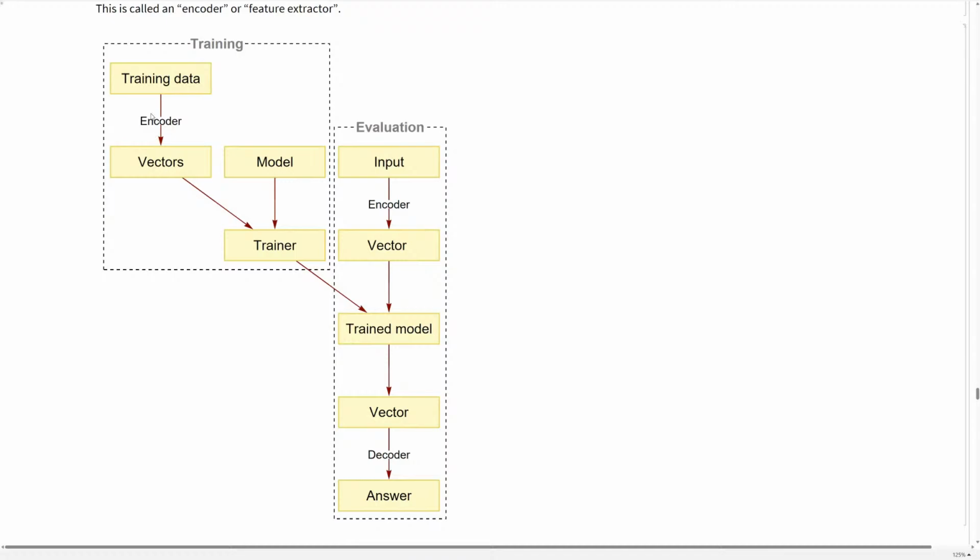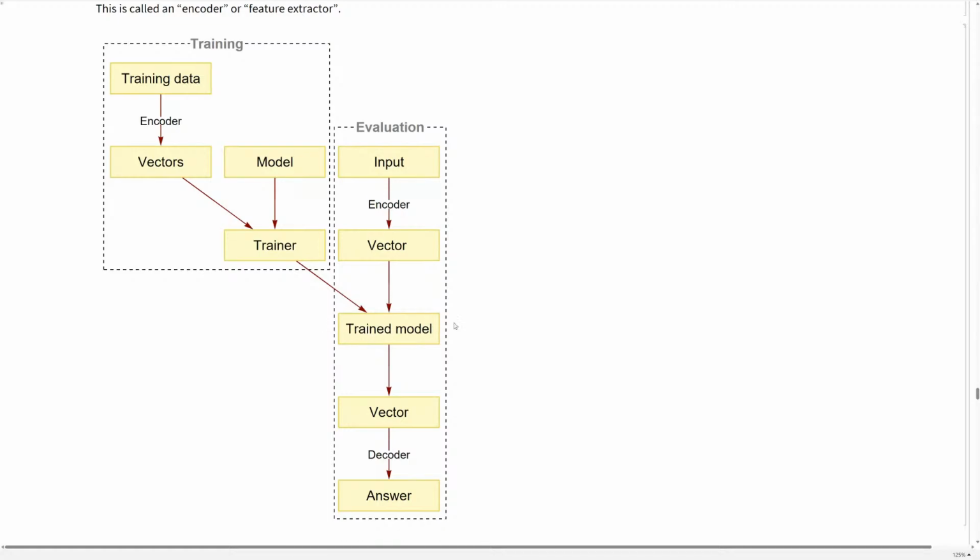You can take the encoder as a human language to machine language translator. So it turns our training data into vectors, which is what the machine can understand. Now we have this base model, and it will read all of this data and do all this training. And then we have a trained model.